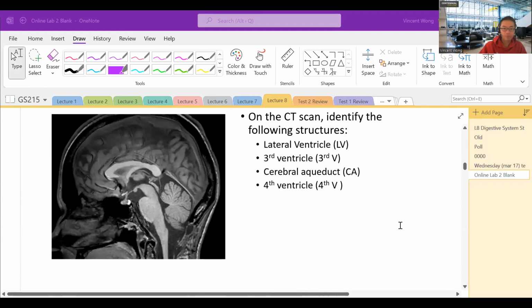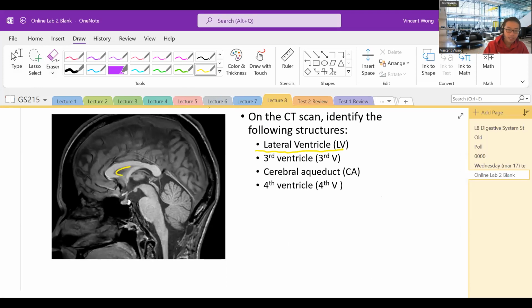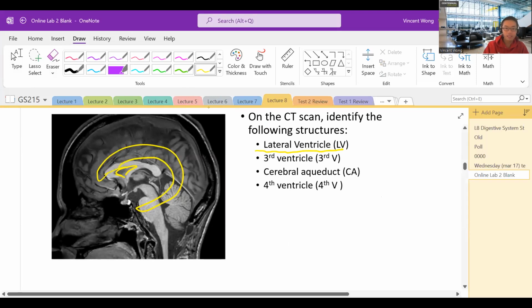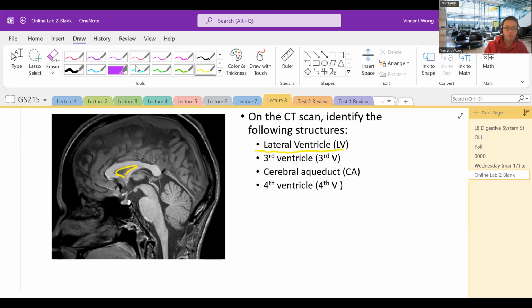All right, more things here. Lateral ventricle. That's right here, right? At least that's part of it anyways. Remember the whole thing, it's like a C-shaped horn like that, right? Very, very big. But from a medial view, we can only see a little bit of it right underneath the corpus callosum. Third ventricle is right here in front of the thalamus.